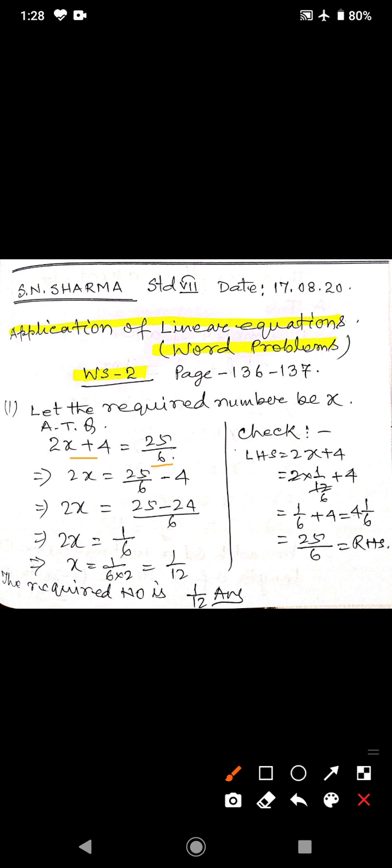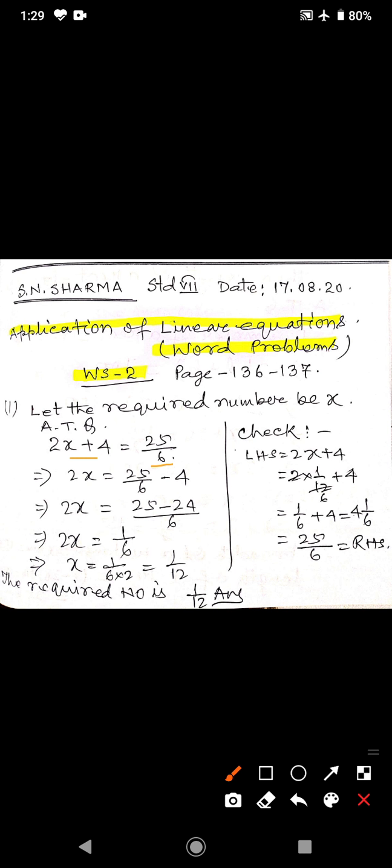Now it can be written as 2x equal to 25 by 6 minus 4 using the transpose rule. When you take any term from left to right, change the sign. So on the left hand side plus 4, on the right hand side minus 4.